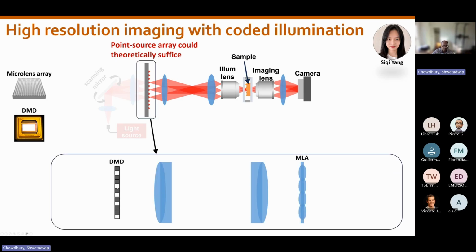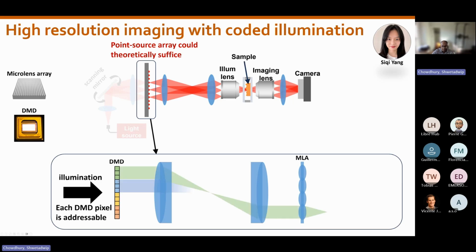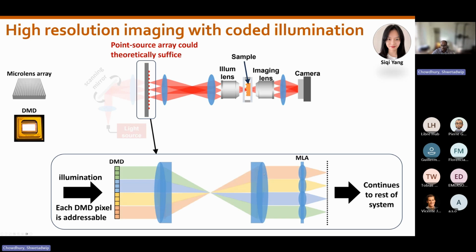Specifically, if you image a DMD onto a microlens array, and you align it so that individual patches of micromirrors are imaged to individual microlenses, each microlens will now focus to a point, and these focal spots can serve as point sources on this plane. Again, each point source will result in a different angled illumination, right? Because each DMD pixel is individually programmable, you can activate these microlenses separately, independently of each other.